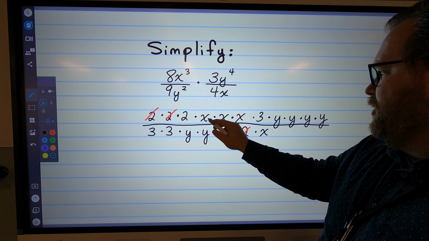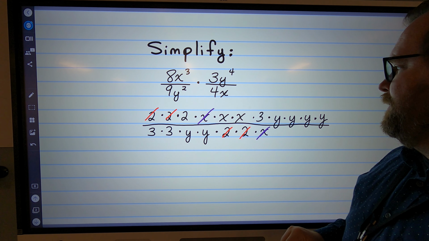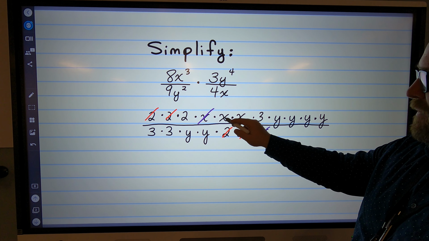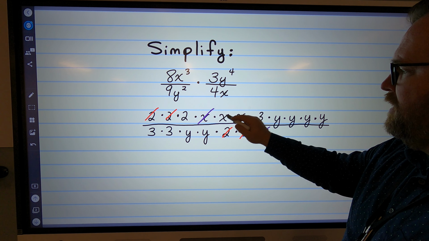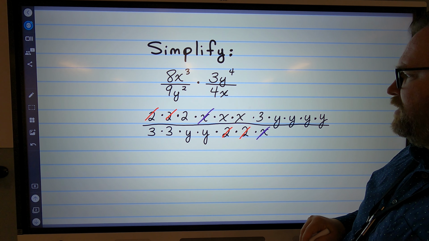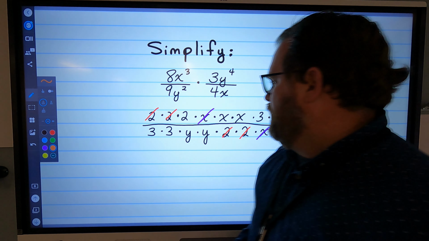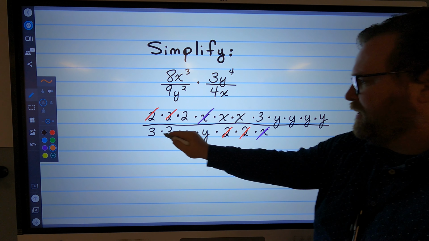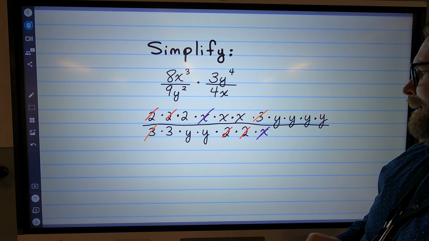And then I notice I have an x here and an x here, so we'll cancel out the x's. But now I have 2 x's here with no x's on the bottom, so I have to leave the 2 x's multiplied by each other. Let's change colors again. Then I've got a 3 on top and a 3 down here, so I'm going to cancel those out.